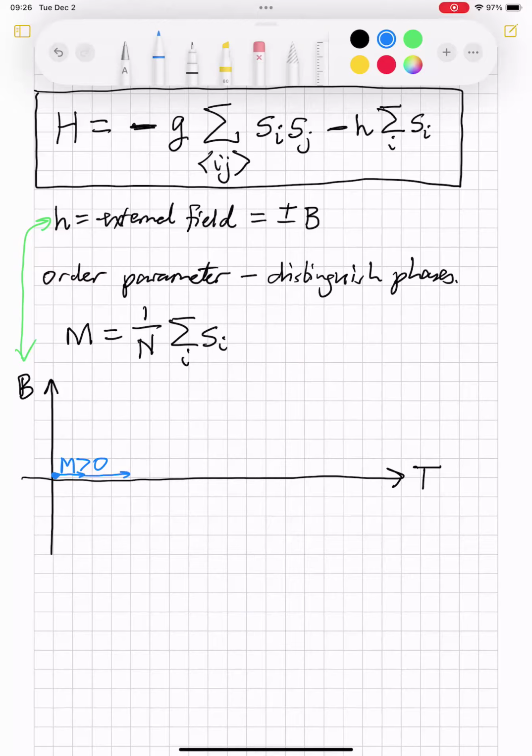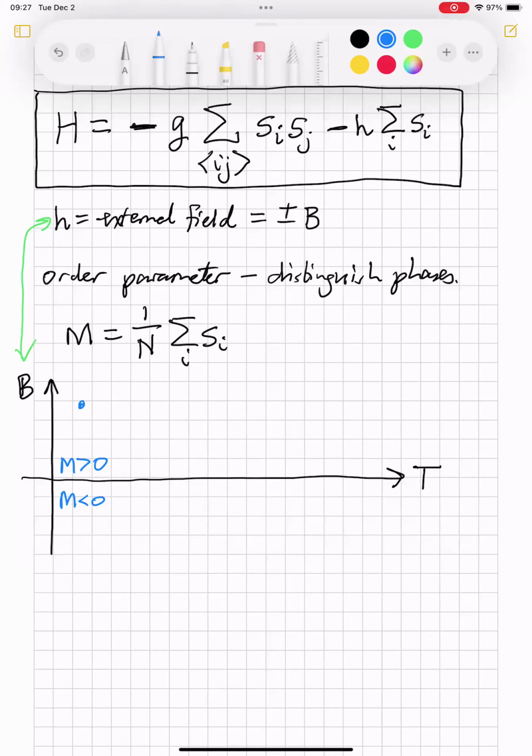What about if I'm just below the axis? Well, at this point over here, M will be less than 0. So how do I know which low energy state I have selected? At this point over here, I've got an external magnetic field. It's definitely going to pick the state with all of the spins pointing up.